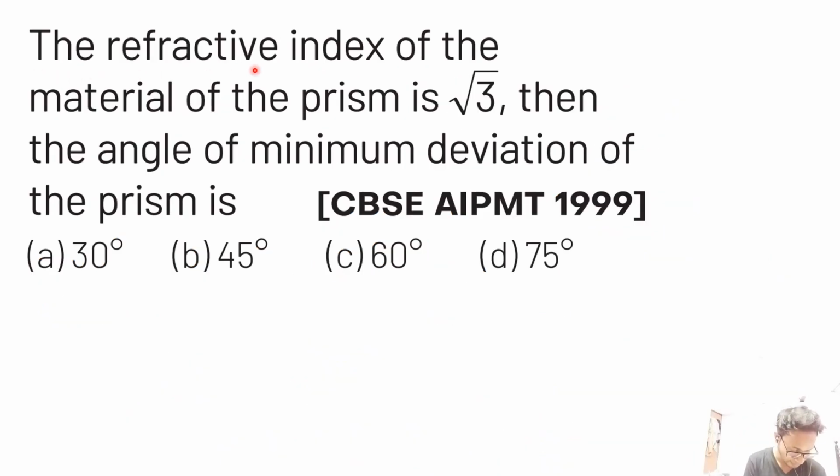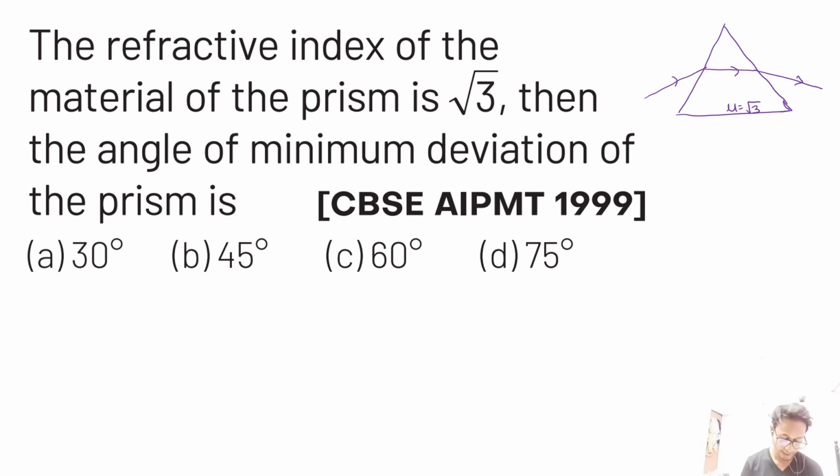See here, the refractive index of the material of the prism is √3. Then the angle of minimum deviation of the prism is, let's see what is given. Here the refractive index is equal to √3. For minimum deviation, this is the case.